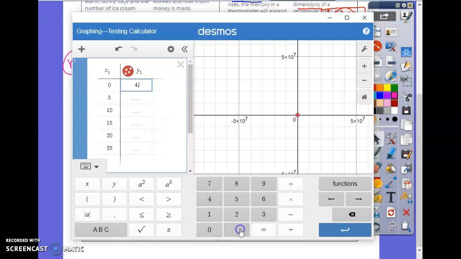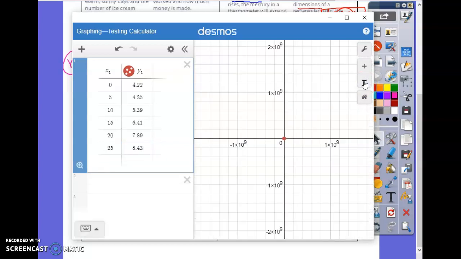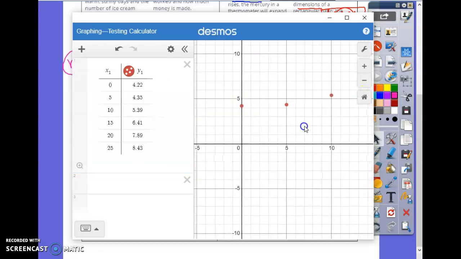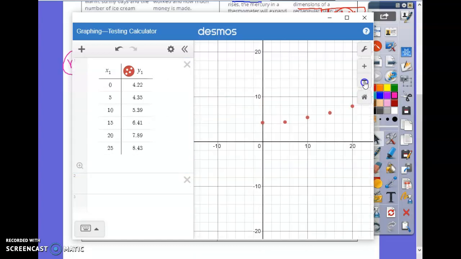So 4.22, enter, 4.35, enter, 5.39, enter, 6.41, enter, 7.89, enter, and 8.43, enter. And then we can zoom out to look at them. Oh, what's wrong with this? We can zoom out a little bit.